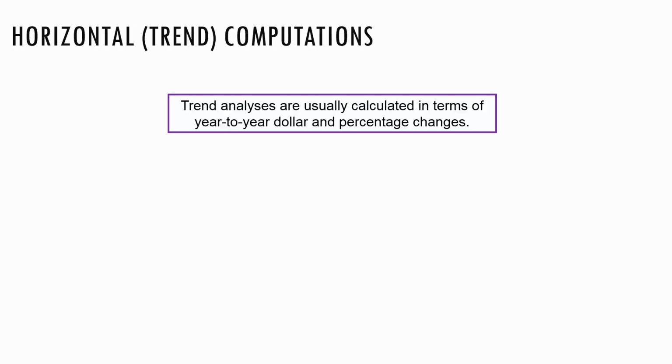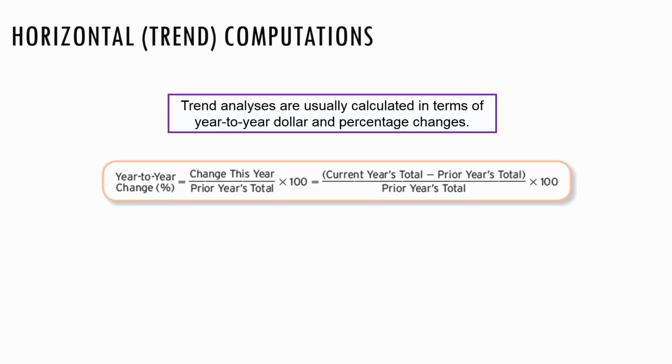Trend analysis is usually calculated in terms of year-to-year dollar or percentage changes. This is the formula, an algebraic type formula. I would prefer to just look at numbers in the example. I think that's easiest. But notice that when we're calculating the rate of change, we're using the earliest year on the bottom, and on the top we're calculating the current year minus the earliest year.